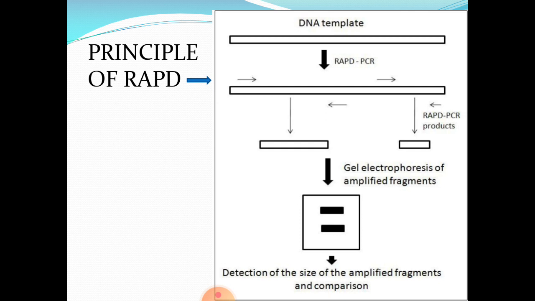You can see the two bands, two amplified DNA pieces, and you can separate them on gel electrophoresis, and you will get the banding pattern as shown in the diagram. So detection of the size of the amplified fragments is done, and therefore you can always compare. This is the basic principle of RAPD.